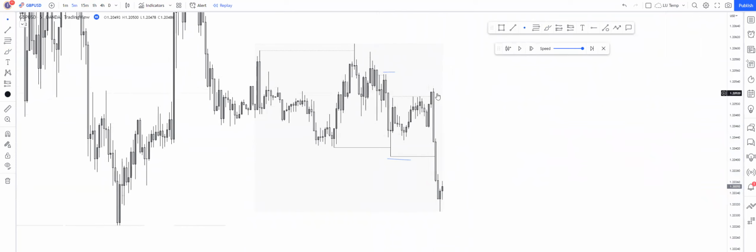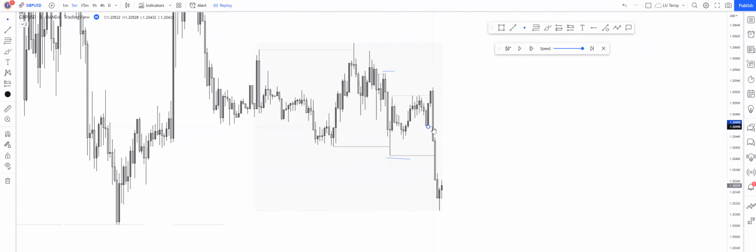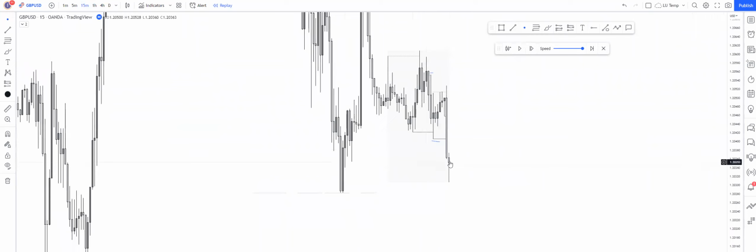So high, low, took that. So this is not a strong high. And this is pretty much liquidity and a break of structure. So we BOS the major range and then BOS the internal structure, external structure. So we are reacting off of something.